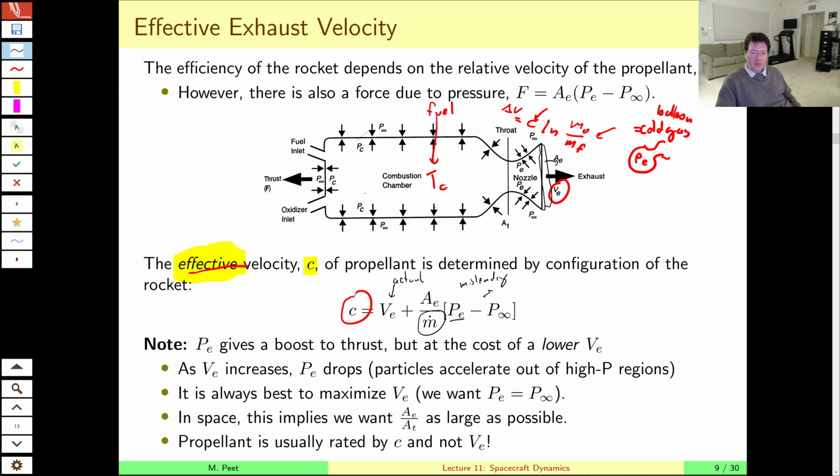because this is not helpful. Why is it not helpful? Because it turns out that the pressure at the exit is created by particles bouncing around randomly, and particles bouncing around randomly are not bouncing out the back of your rocket in an organized manner.